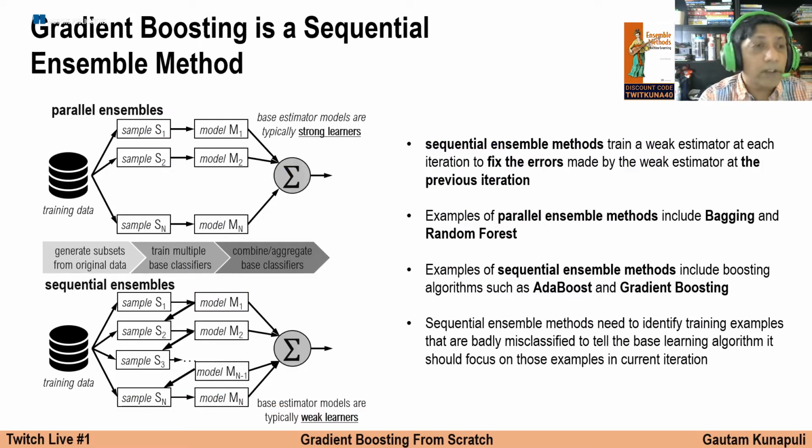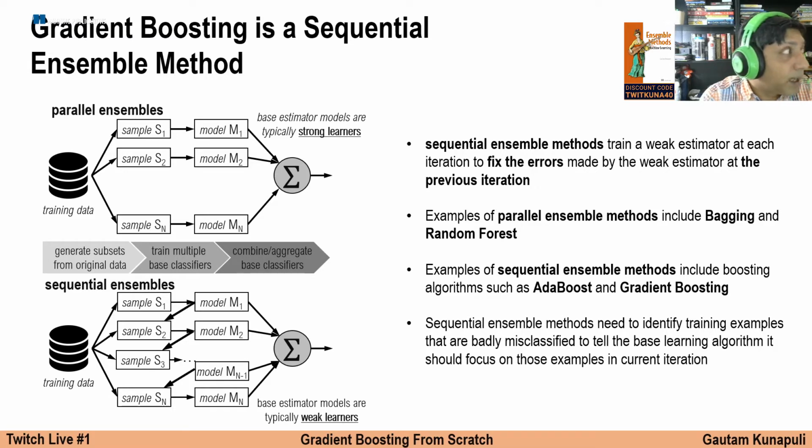And so gradient boosting is a sequential ensemble method. In short, it's an ensemble method, which is essentially a collection of machine learning algorithms. So instead of training one giant model, you train several models, and then you put them all together and aggregate their predictions, and that essentially gives you a machine learning ensemble.